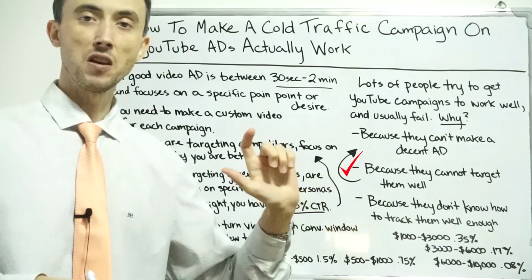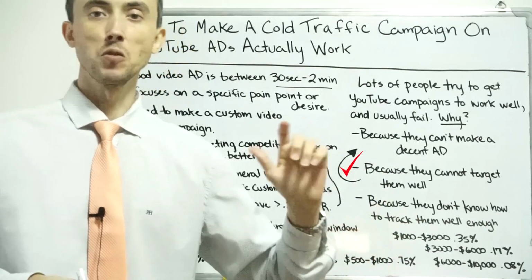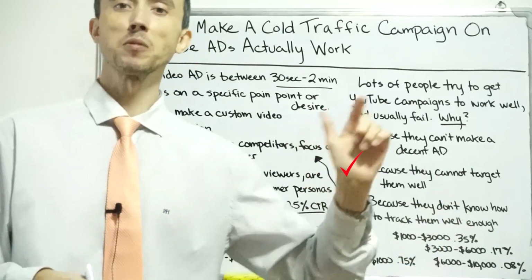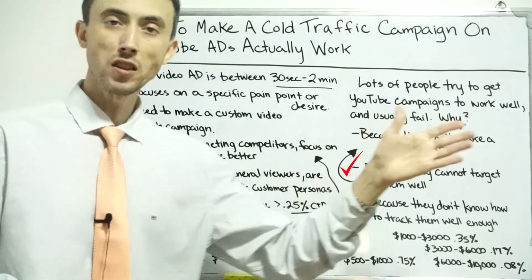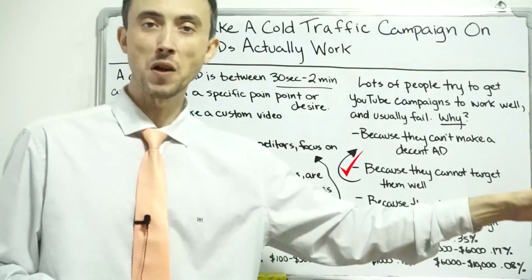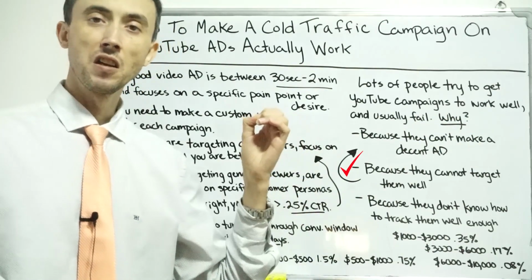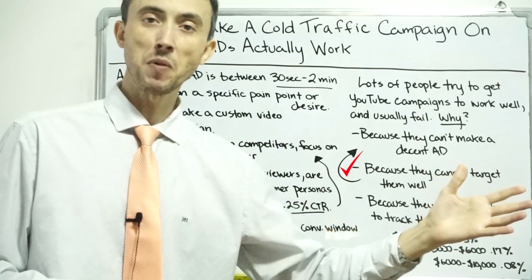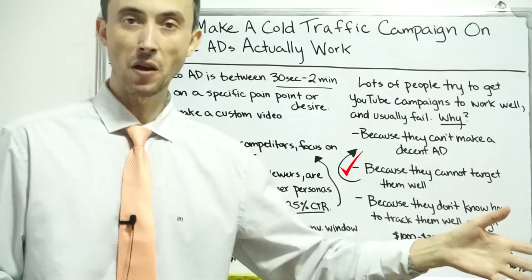If you're selling a mailbox to business customers and it's there to help save them time, then your video ad should target just the business customers, and focus on: tired of accepting packages and having it waste your time? Get our mailbox and you don't have to worry about this anymore.